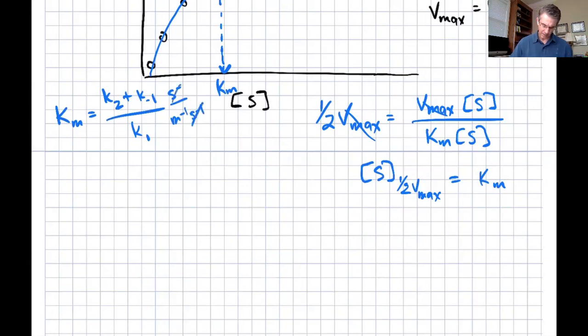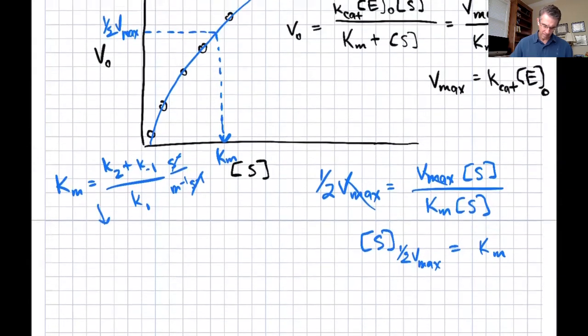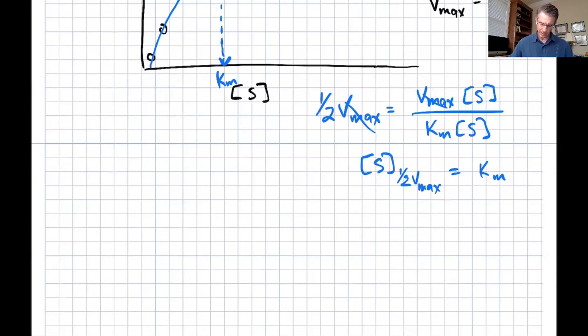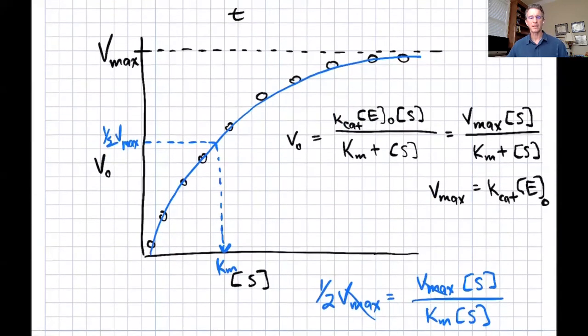Those cancel out. That means the units of Km are just concentration, say molar. And like I said, because the units of Km are molar, we can think about this substrate concentration axis in one of these Michaelis plots in units of Km. So we have Km here, and here this would be 2 Km, 3 Km, 4 Km.